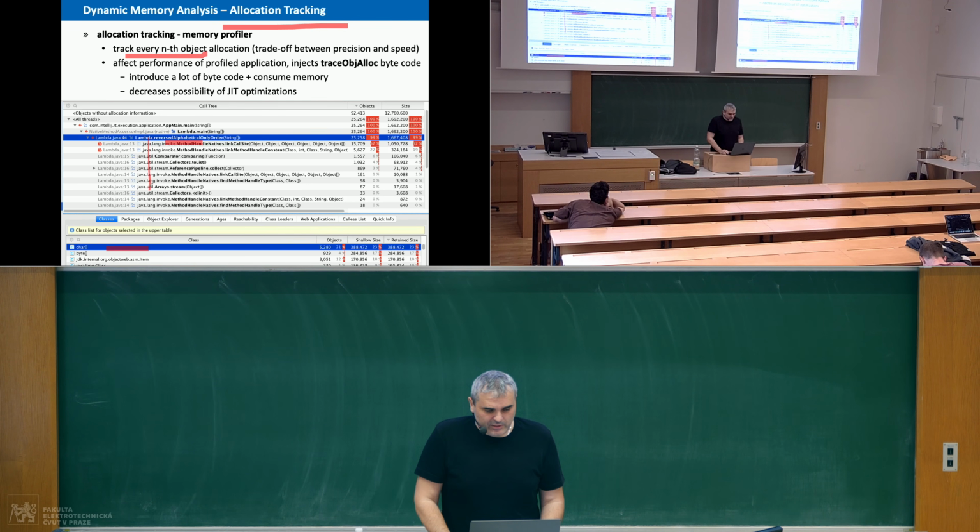But this kind of analysis affects the performance of the application at that moment. I've already said that CPU tracing causes issues for some optimization techniques. In this case, it's exactly the same.